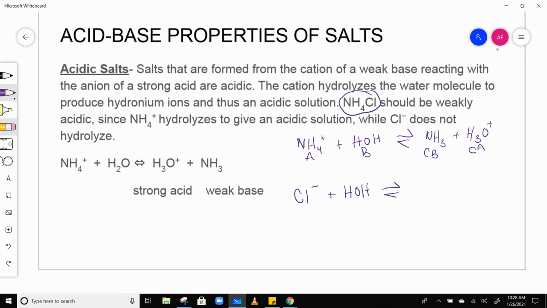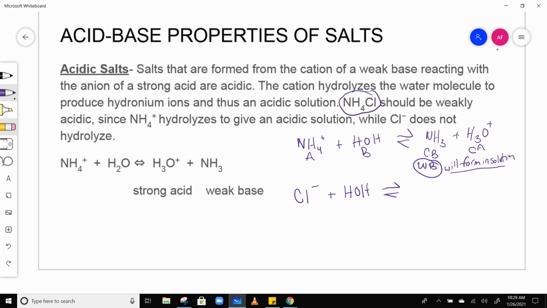Okay, and NH3 is a weak base. It's not an OH at the end, so it's not a strong base. So this will form in solution. So this will form.